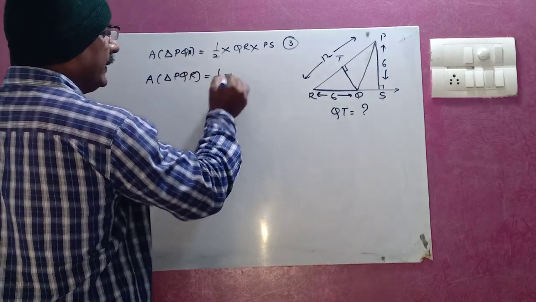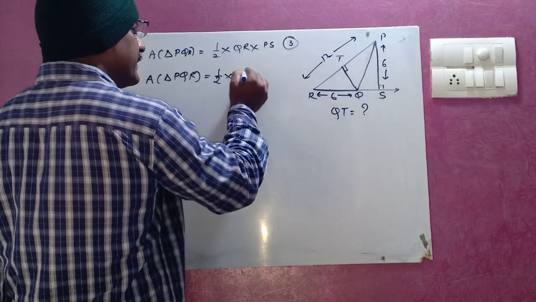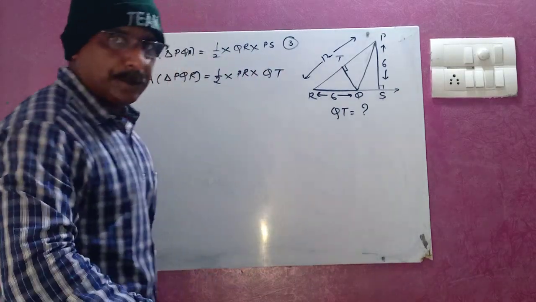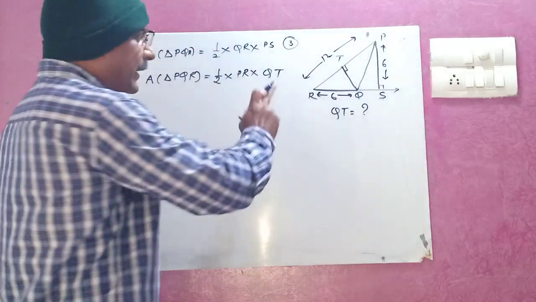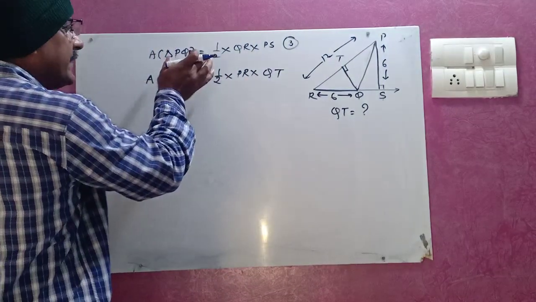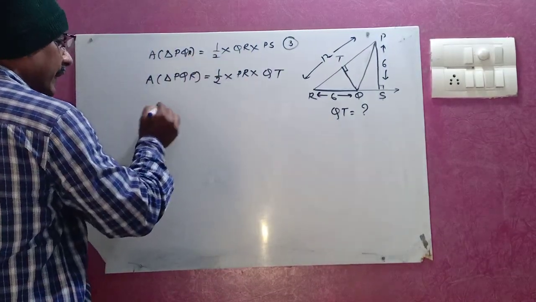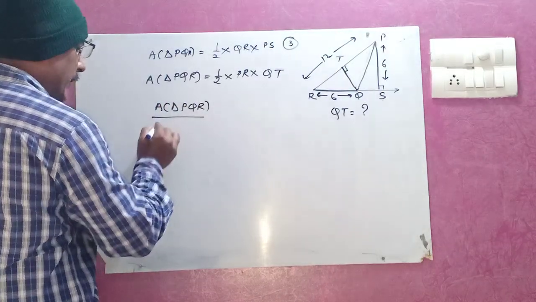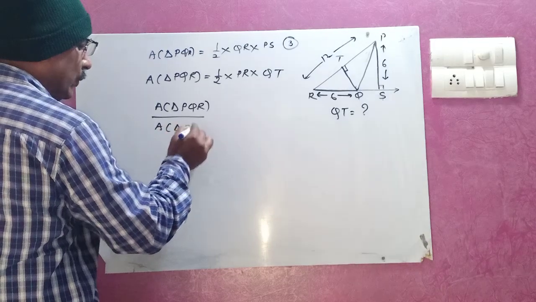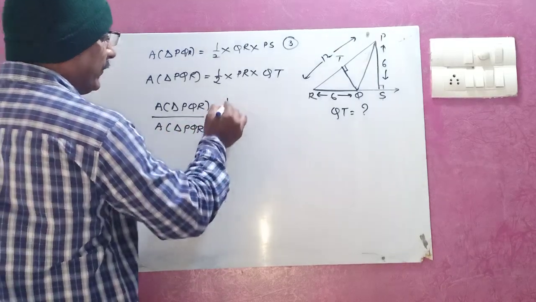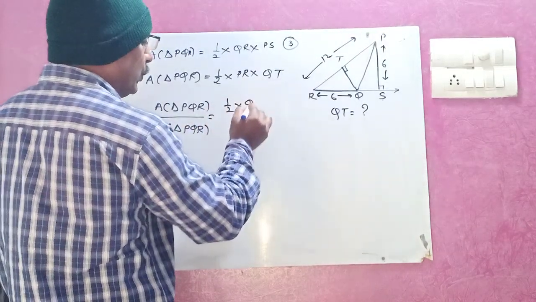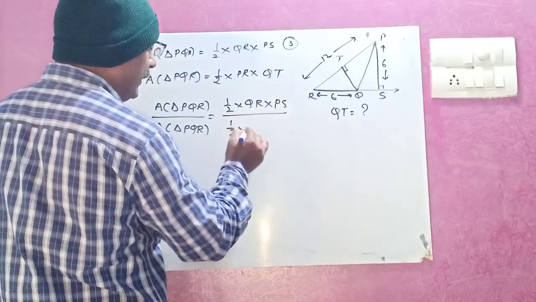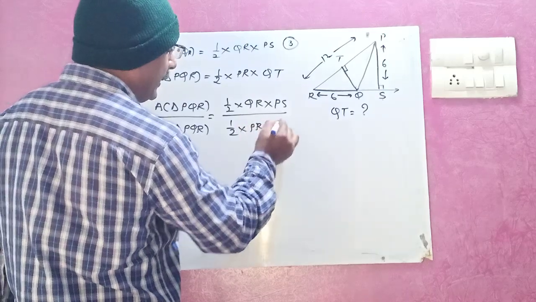So here half, this time PR is the base and QT is the height. To find QT, you should divide this one by this. Means area of triangle PQR upon area of triangle PQR is half into QR into PS upon half into PR into QT.